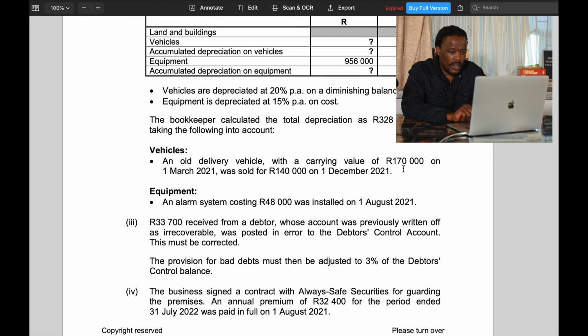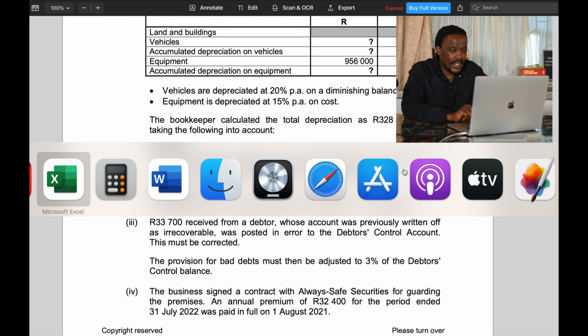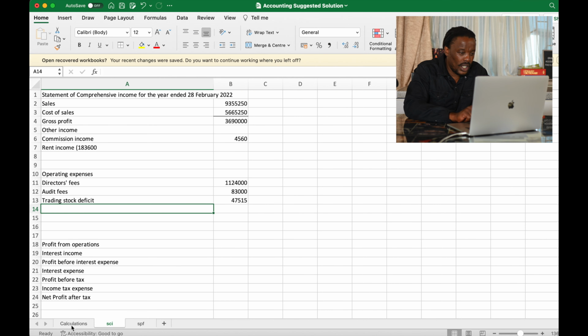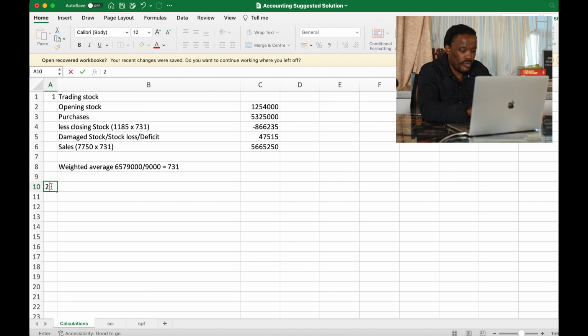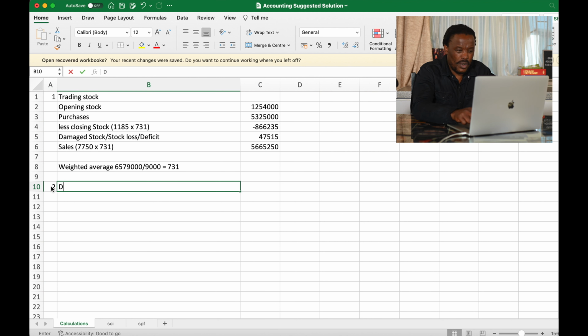This vehicle with a carrying amount of 170,000. Let's go back to calculation number 2. We calculate what? Profit or loss on sale of delivery vehicle.